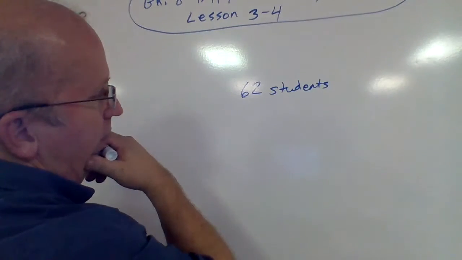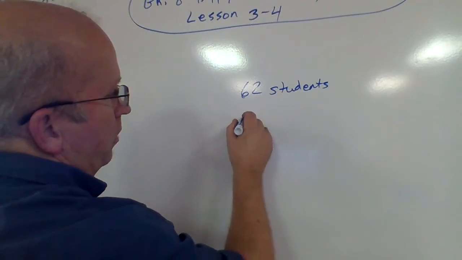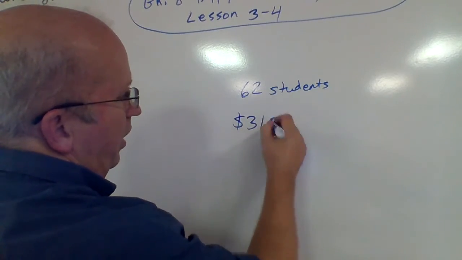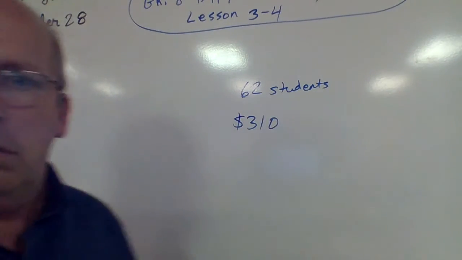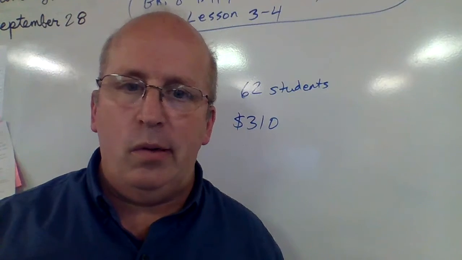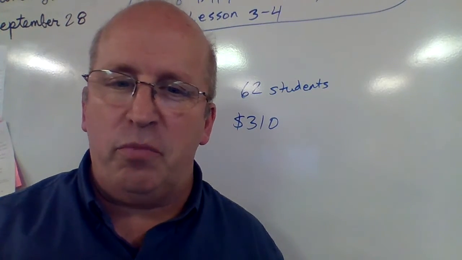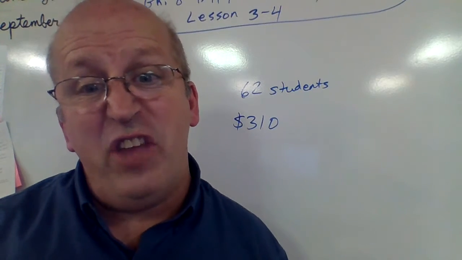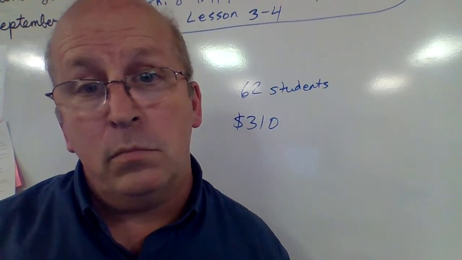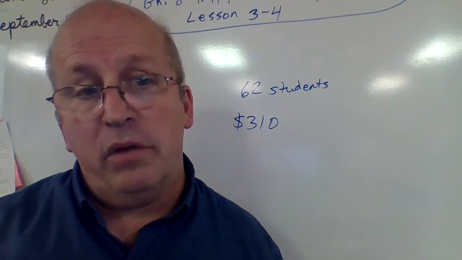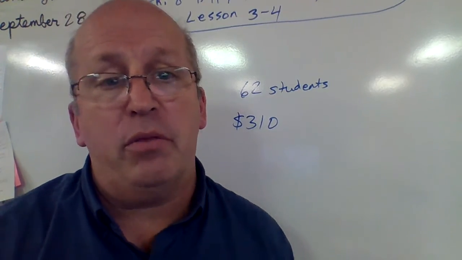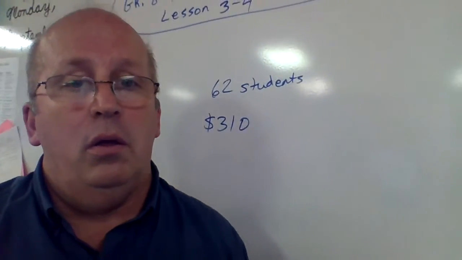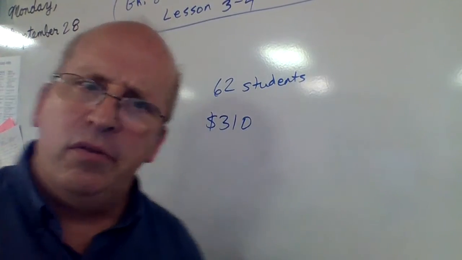And he ends up spending a total of $310 on these gifts. Now the question is, how much did Parker spend on each gift if all of the gifts cost exactly the same amount of money? He bought gifts for 62 students. He spent $310. What is the cost of each individual gift?